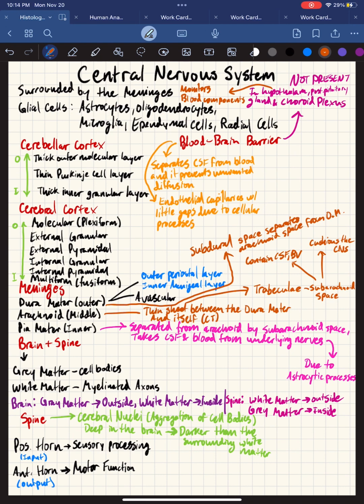And the choroid plexus actually does have some specific processes as well. So it is going to be present in the third and fourth ventricles, as well as the lateral walls of the second ventricle.